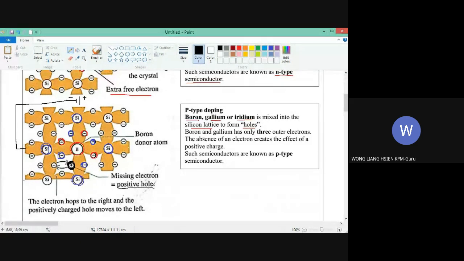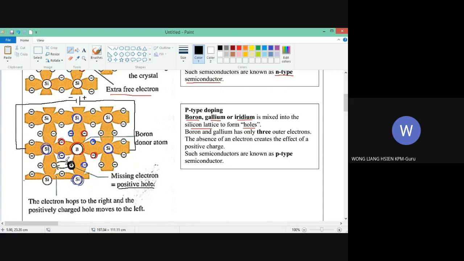What happens is the positive side will attract electrons, and the negative terminal will repel electrons. So the electron here will be repelled, and the electron will see that in front there's a hole. So this electron will jump here.